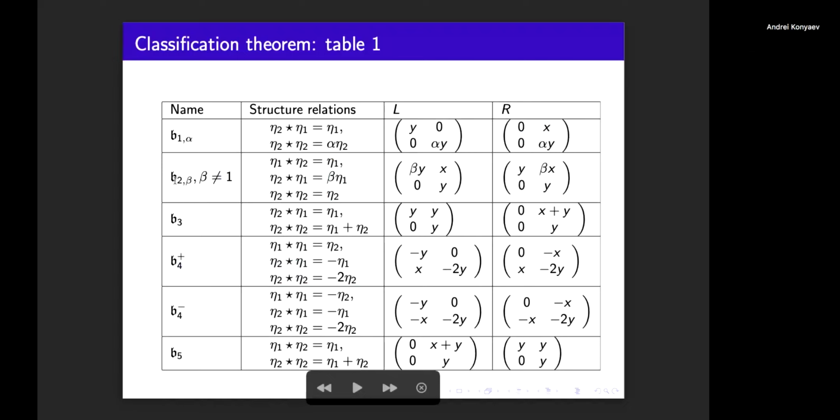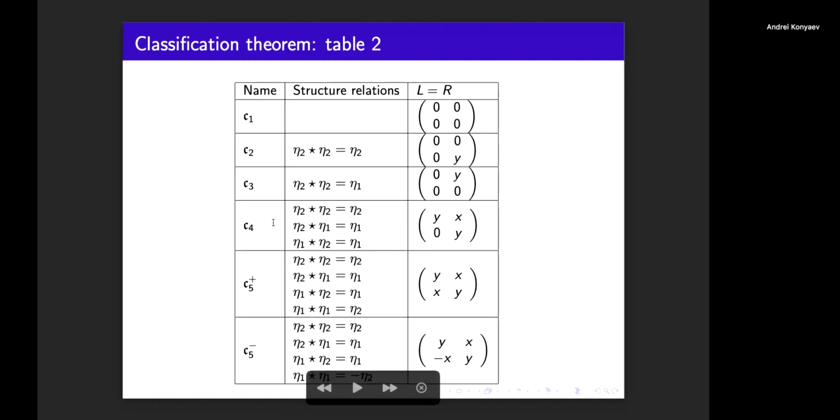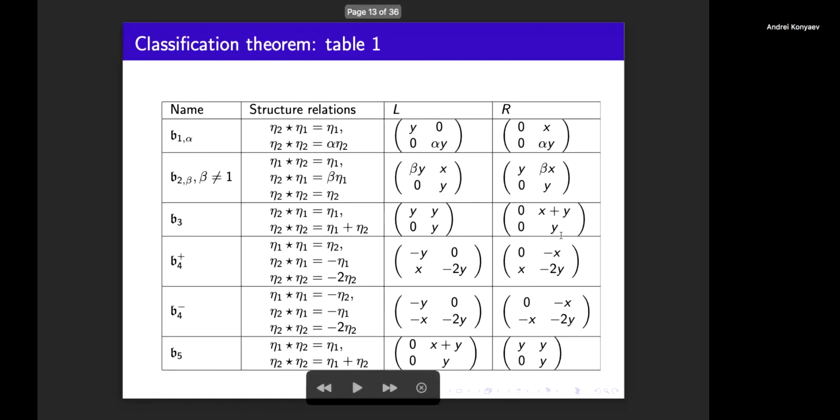So this beta not 1 is not a very important limitation, right? It is just for the sake of separating the non-commutative case from the commutative case. So B here can be 1, and you will get this C4. See, you get the algebra C4, but we go back. Okay, so we see that we have this algebra, this, and all this.